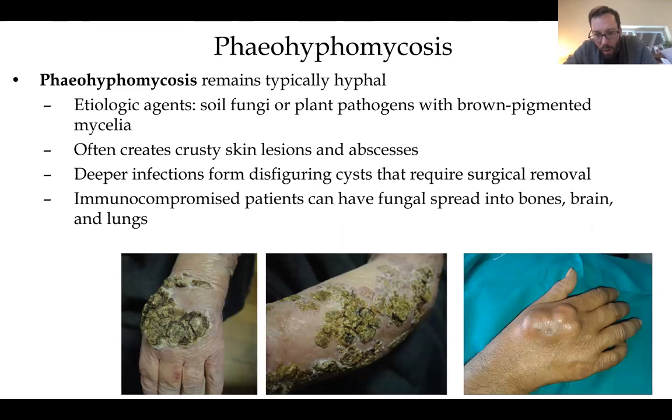It's going to grow as a mold-like morphology on the skin and look like, oh, it almost looks like moss or like bark. Because it is still hyphal in its morphology, it looks like this crusty, very plant-like plaque.